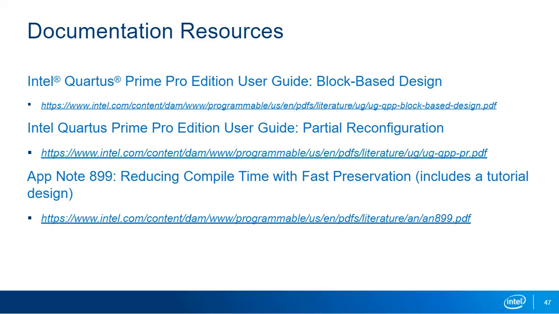The Partial Reconfiguration User Guide goes into detail on everything that is required to implement a PR design. Finally, App Note 899 discusses the fast preservation feature. It includes a downloadable tutorial so you can see how to set up a design for the feature and see firsthand the compile time savings possible.